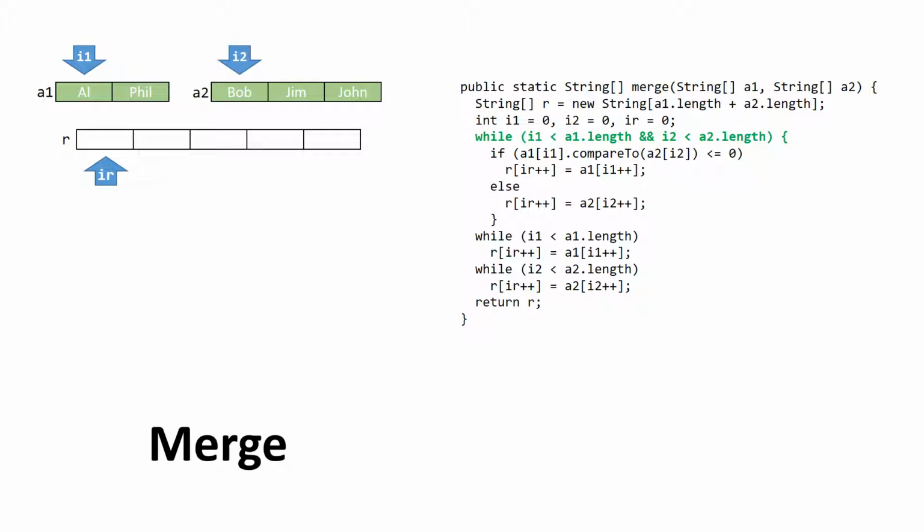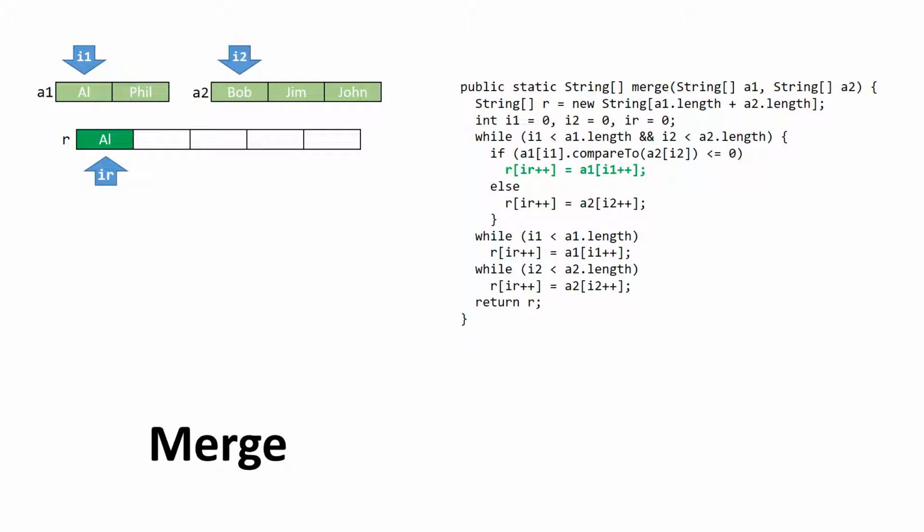The loop will actually go on until we've exhausted one or the other list. In this case, we're going to get rid of the first list because it's got a smaller length, but it could just as well be the second sublist that had a smaller length. We compare where we're pointing to in our 2 lists, and in this case, the item in the first list is smaller, so we move him into our resulting list.